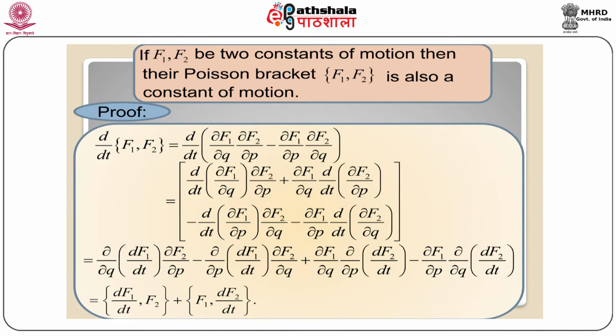The time derivative of the Poisson bracket of capital F1 with capital F2 gives the time derivative of the first order partial derivative of capital F1 with respect to small q into the first order partial derivative of capital F2 with respect to small p, minus the first order partial derivative of capital F1 with respect to small p into the first order partial derivative of capital F2 with respect to small q. In this line, we have just used the definition of the Poisson bracket of capital F1 with capital F2.